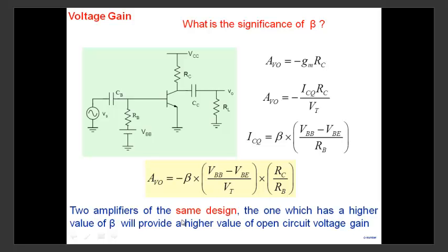Two amplifiers of the same design, the one which has a higher value of beta will provide a higher value of open circuit voltage gain. Same design means same VBB, same RC, same RB. If everything else is the same, then a design done with a transistor of higher beta will provide a higher value of open circuit voltage gain.